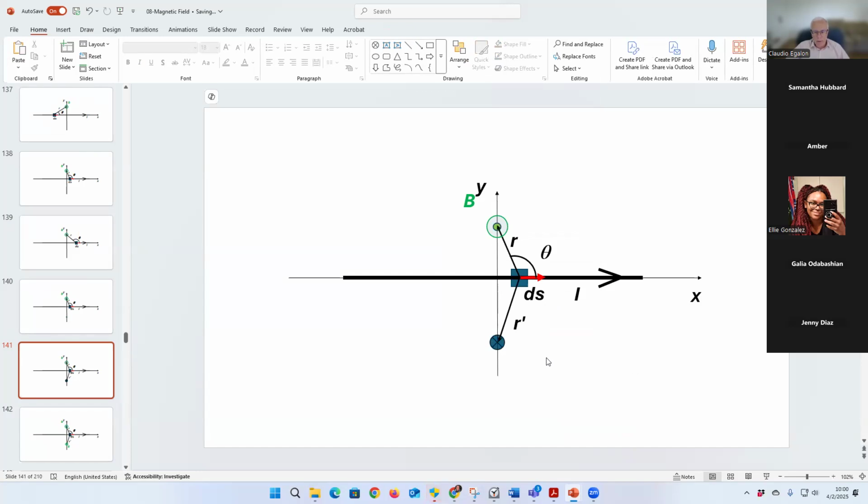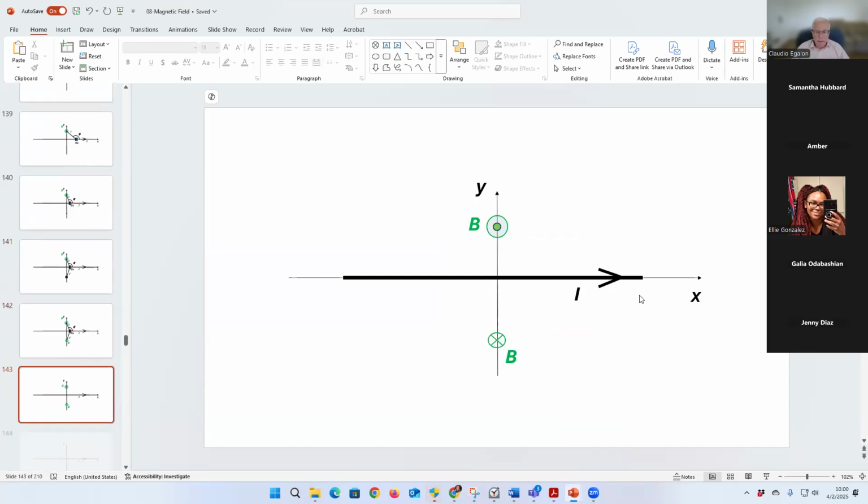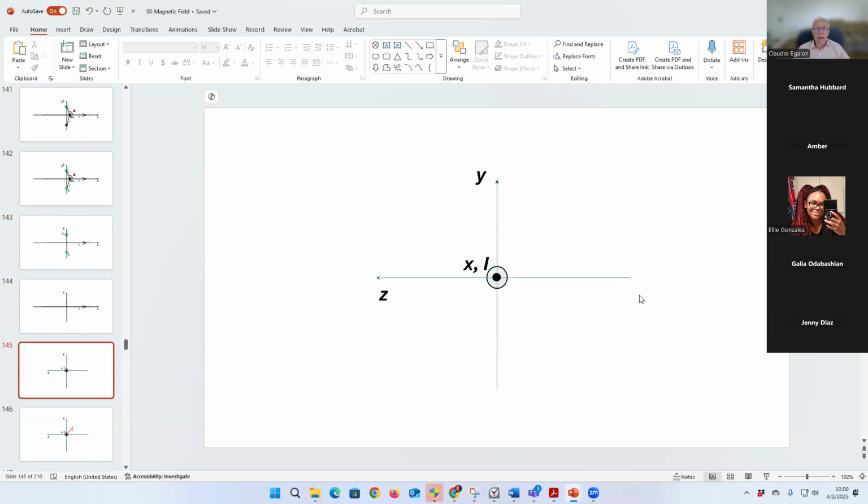Okay, now we have it. Magnetic field into the board. That's the direction of the magnetic field. It circulates around the current. Let's see if I have another illustration. Okay, here you go. That's what I wanted to show you as well. Suppose that the current is coming out of the screen.